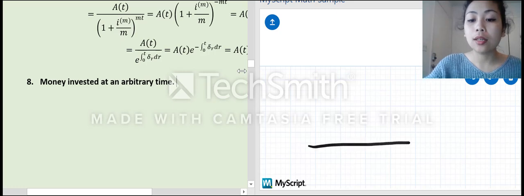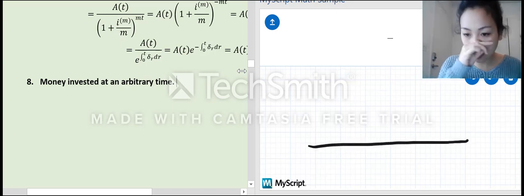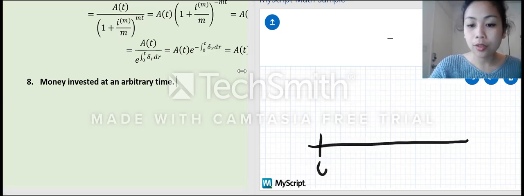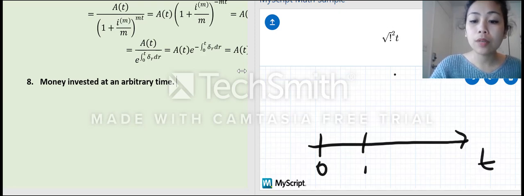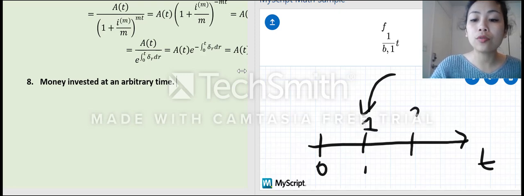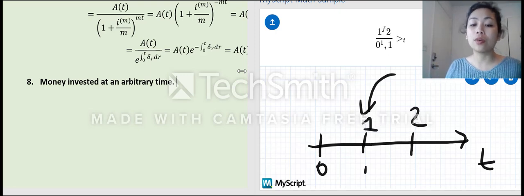Suppose this is the time scale, this is 0, 1. This represents time. Suppose you invested $1 at time 1, not 0, and the question asks you for the money you get at time 2. So how do you compute the accumulated value?